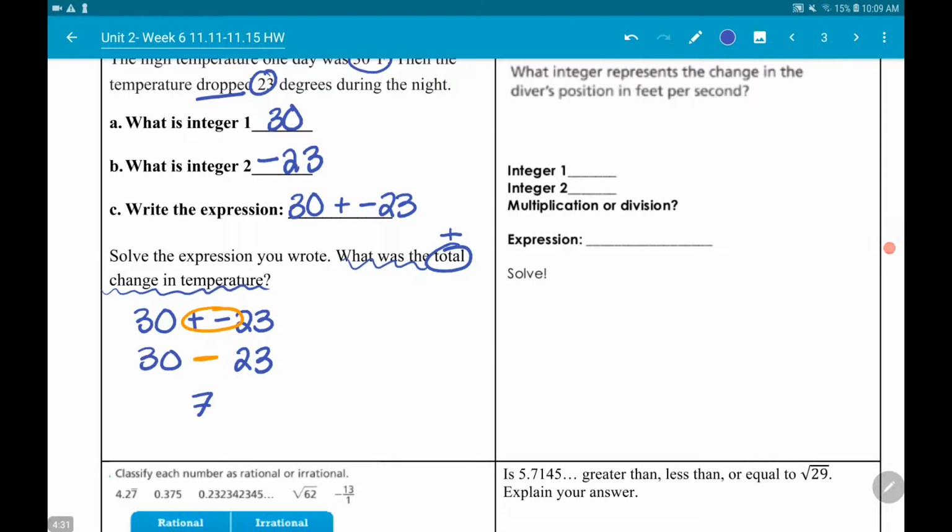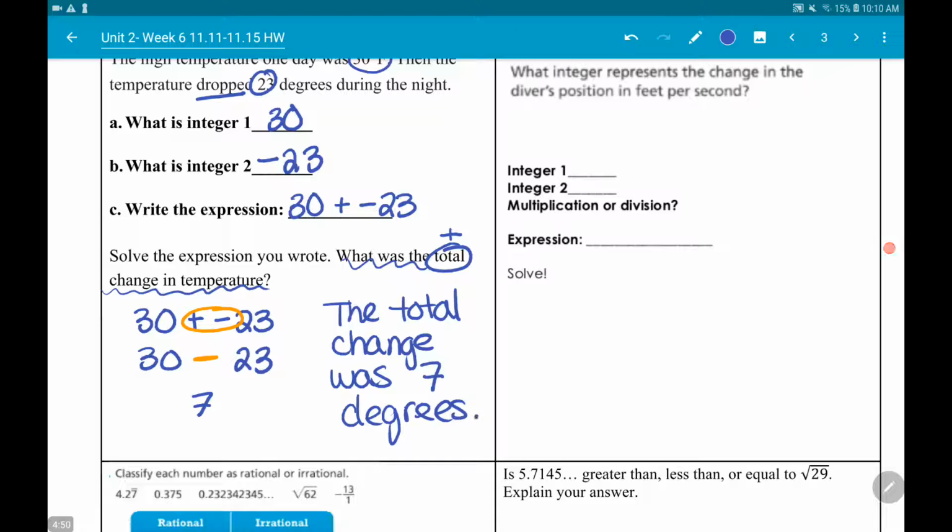So that's why I always like to squiggle the question. What is it asking me? What was the total change in temperature? So the total change was 7 degrees. That is my final answer.